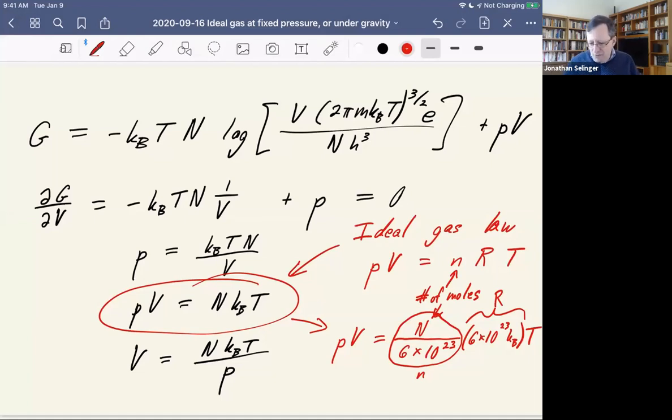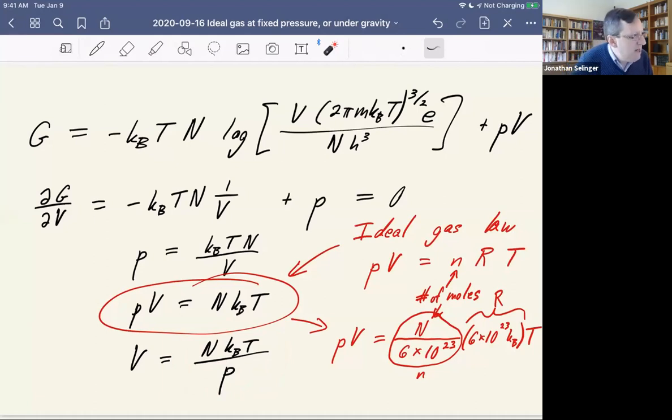This is also a case where the volume could have lots of different values, but in fact, when the system is free to choose its volume, then this is the volume that it chooses. The volume that it chooses is proportional to the number of molecules. It's proportional to temperature, that is the absolute temperature in Kelvin, and it's inversely proportional to the pressure.